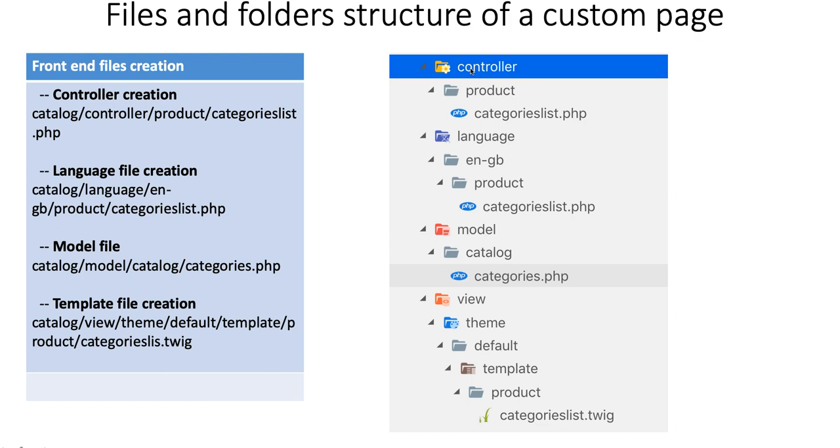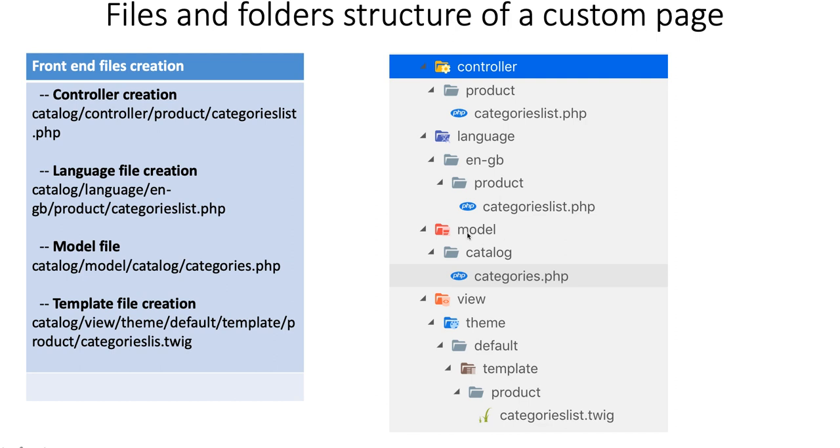In controller product, we are creating categories list.php, which is our controller file, and our language file, which is language, en-gb, product, and category list.php. If you have other languages, then use that language folder, product, and category list.php.